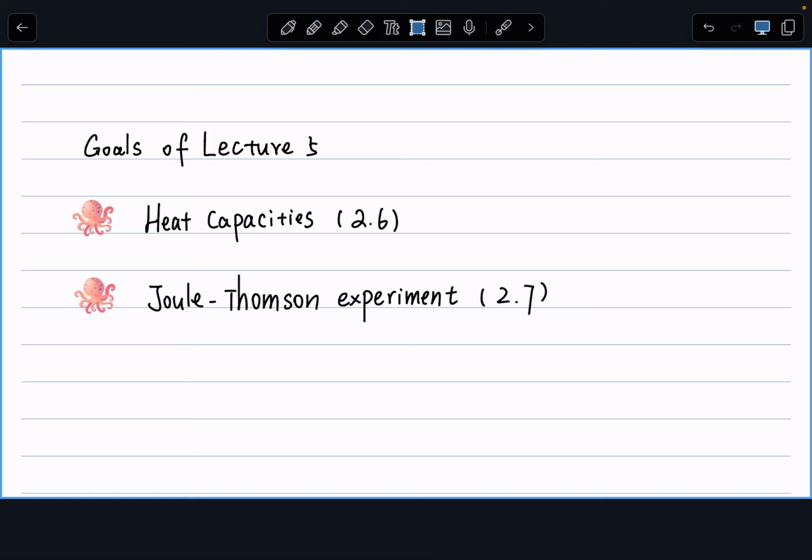In a problem that doesn't specify the system being an ideal gas, you're not supposed to use these laws. That means PV equals nRT, or that the internal energy of the ideal gas is only dependent on temperature. It doesn't change with respect to volume or pressure if we keep the temperature the same.